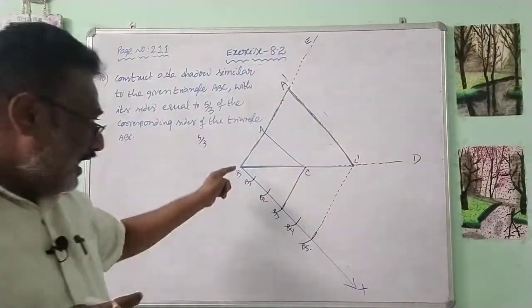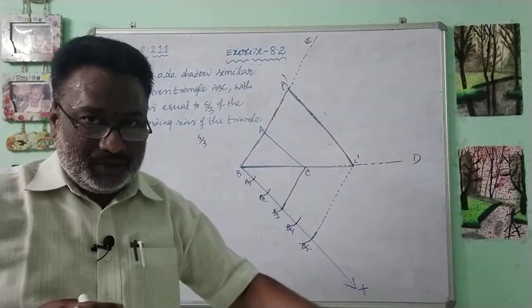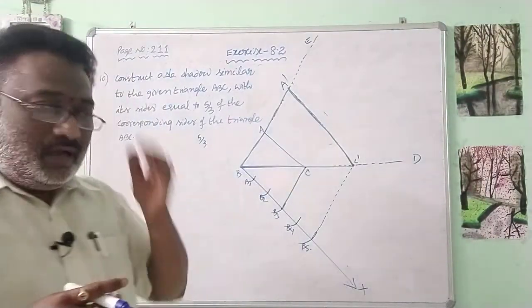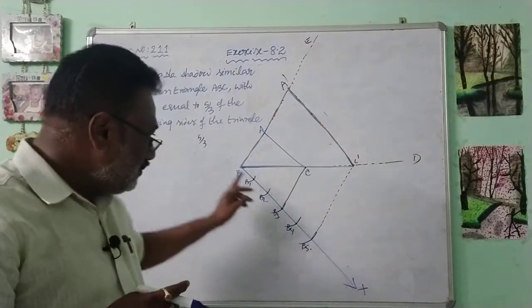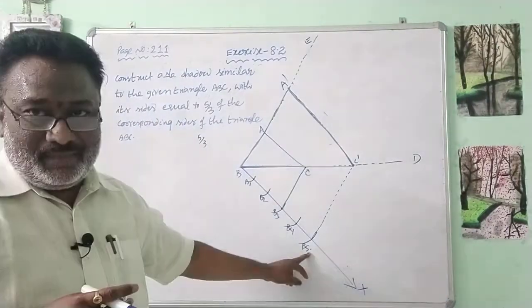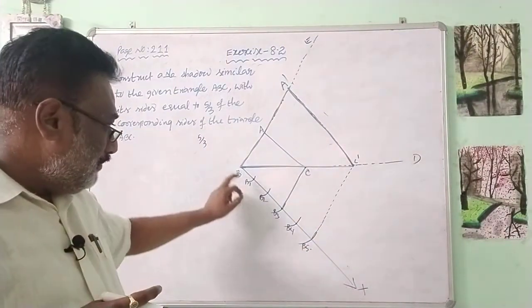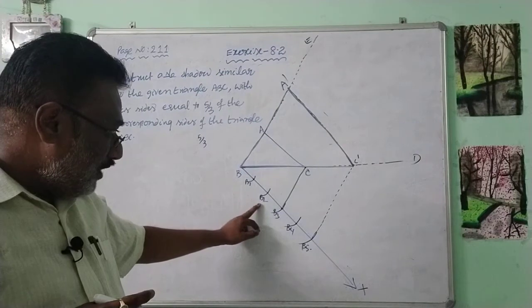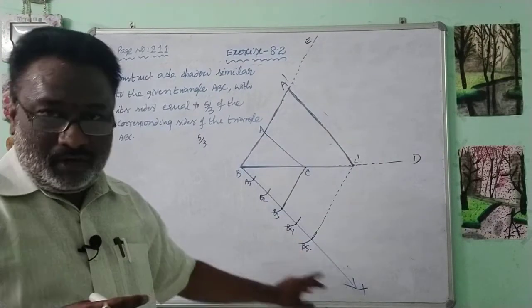At B, I draw a ray BX such that angle CBX is an acute angle. Second step: make ray BX into 5 equal parts by taking a convenient radius, as B1 equal to B1B2, equal to B2B3, equal to B3B4, equal to B4B5.